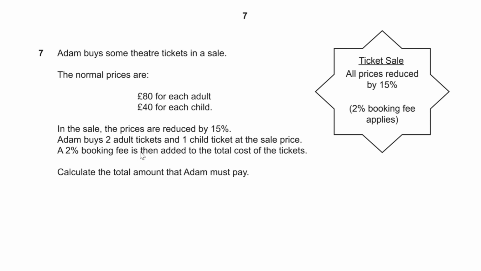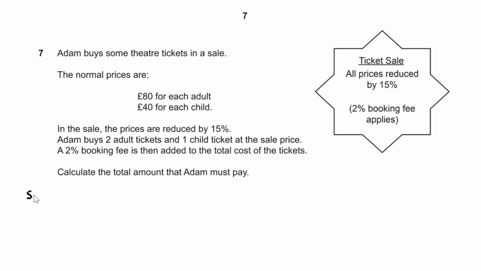A 2% booking fee is then added to the total cost of the tickets. We have to calculate the total amount that Adam must pay. So what we can see here is Adam buys 2 adult tickets and 1 child ticket at the sale price. Well, what we can do is find out the sale prices for each adult and child ticket.